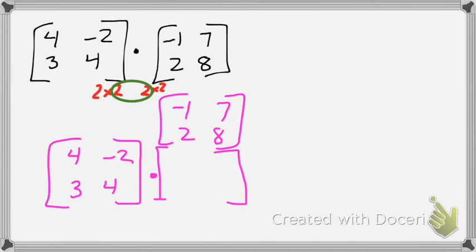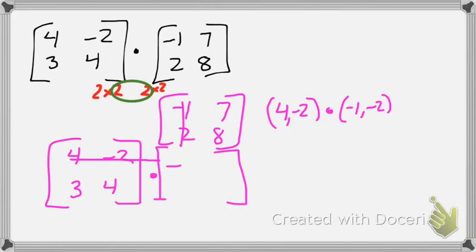Our first dot product, upper left, is going to be 4, negative 2, dot, negative 1, 2. That's this and this, which are going to meet here.